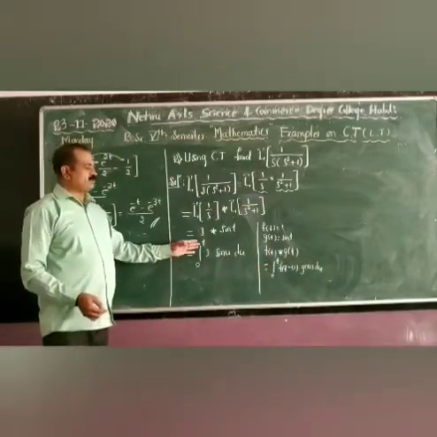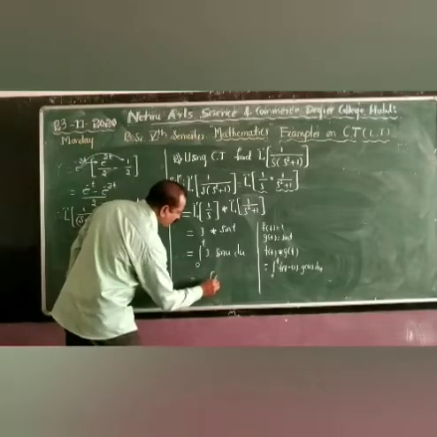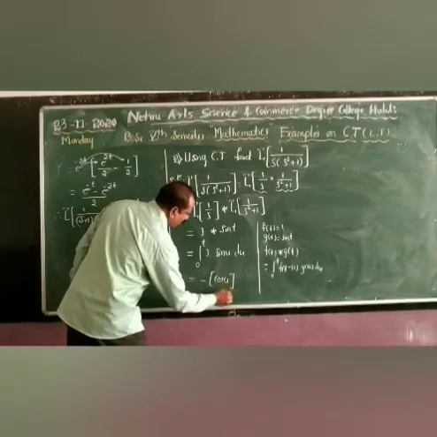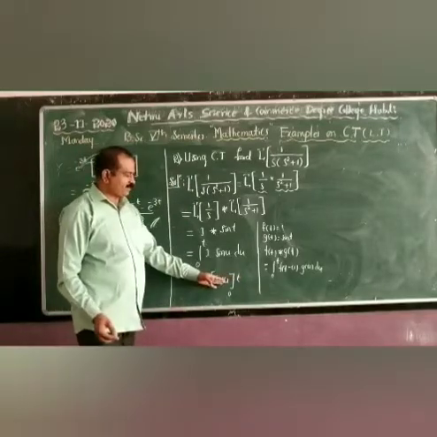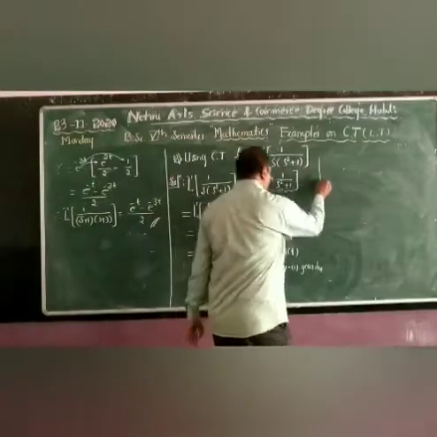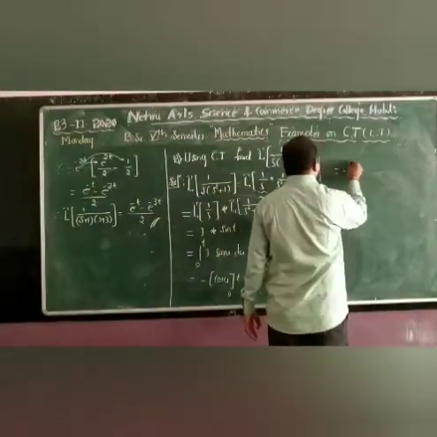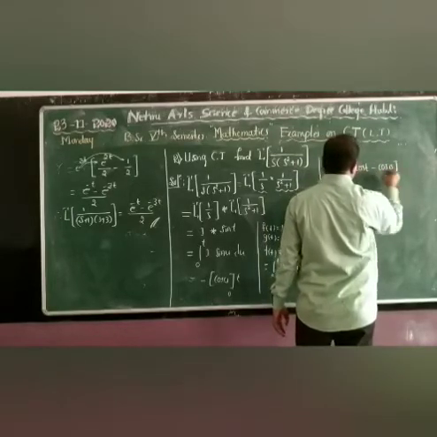So we have integration from 0 to t, only the sin u integration is minus cos u with limits 0 and t. Put upper limit minus lower limit, outside that minus of cos t minus cos 0.